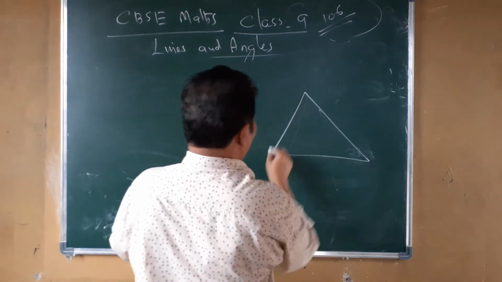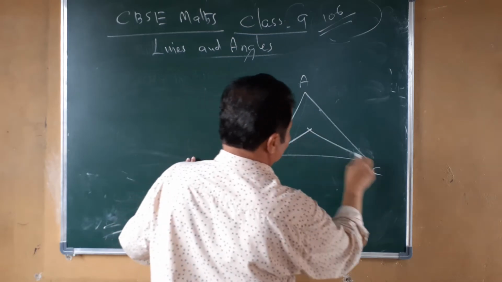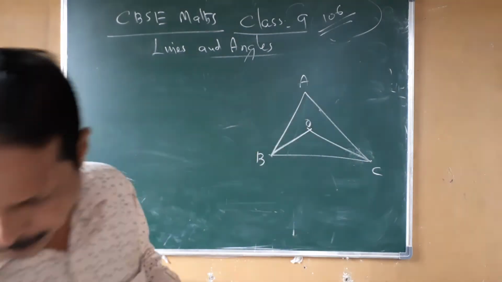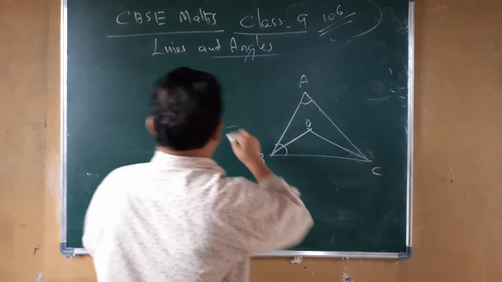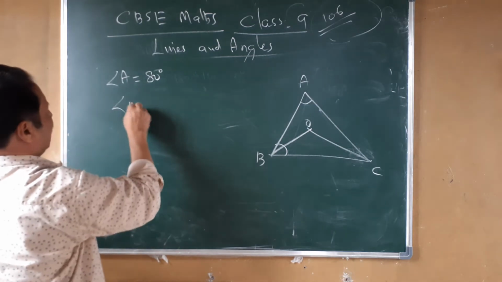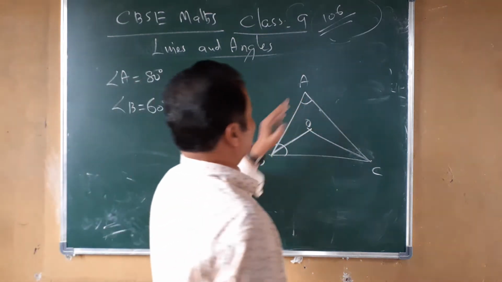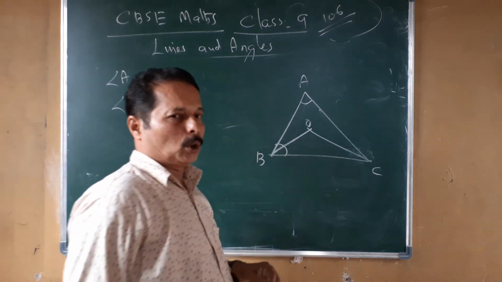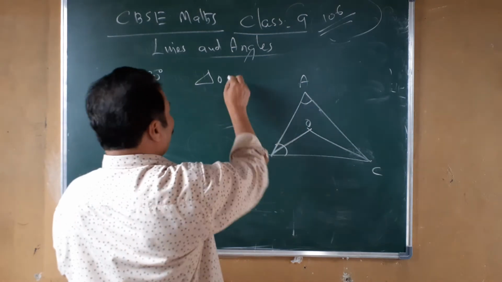Here is another problem like this. These two angles are given: angle A equals 80 degrees and angle B equals 60 degrees. We want to find the angles of triangle OBC.